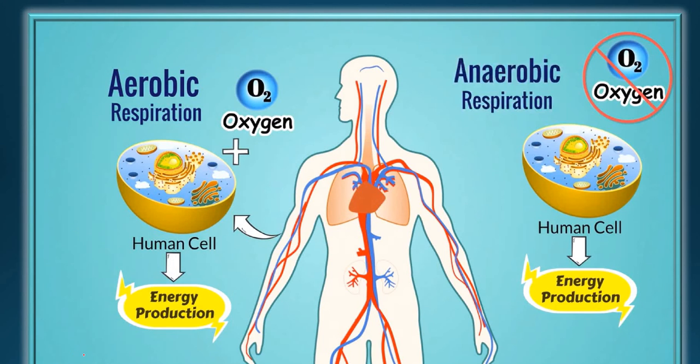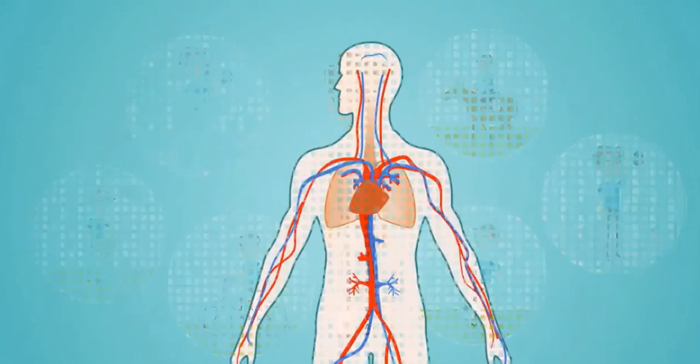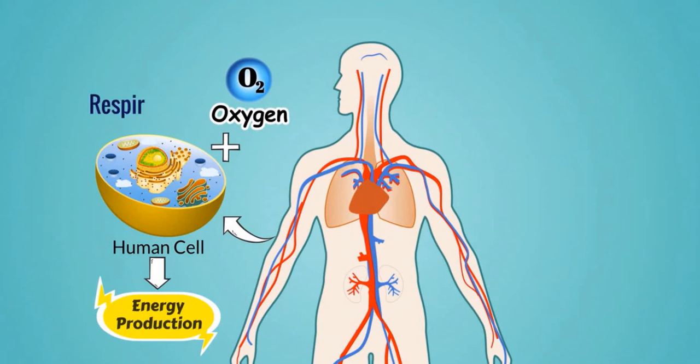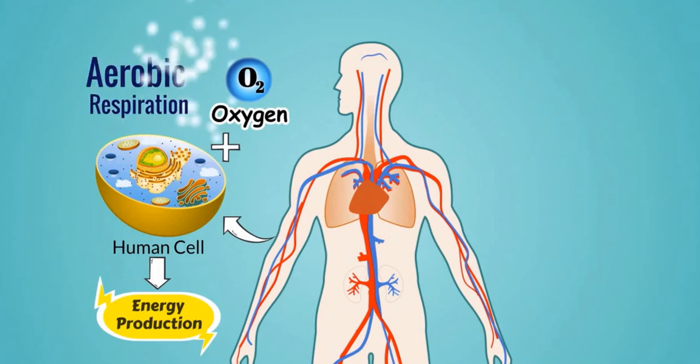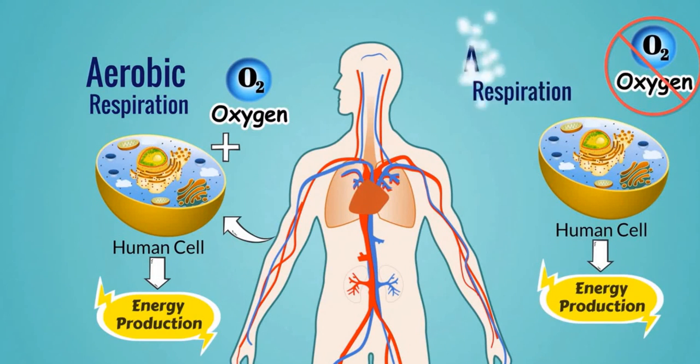Okay, this was a short video for understanding what is aerobic and what is anaerobic respiration. Now again we can see this. When oxygen is present, it is aerobic respiration, and when there is lack of oxygen, energy is produced, but it is called anaerobic respiration.